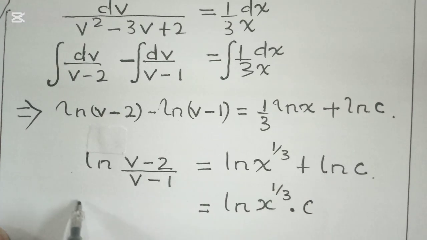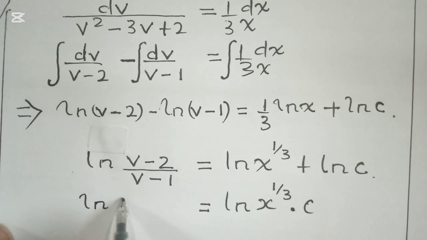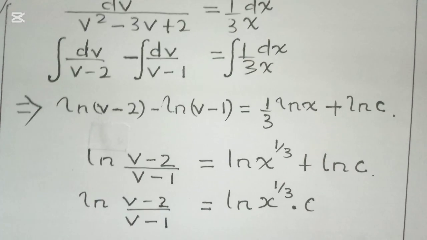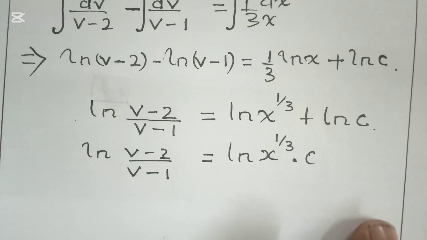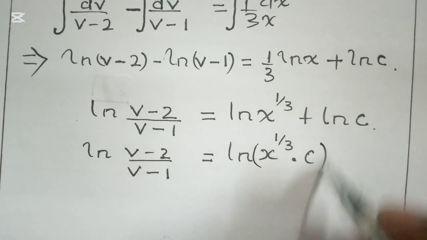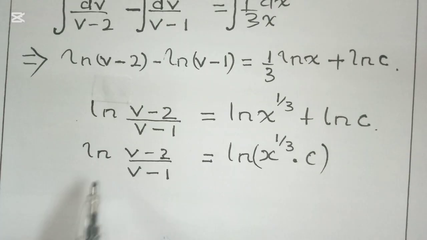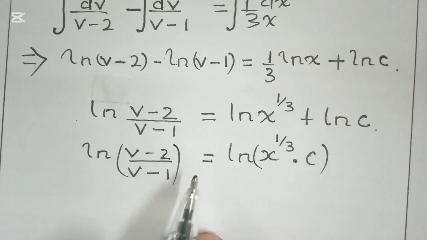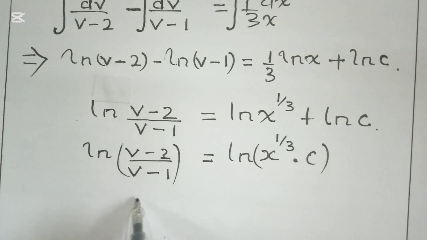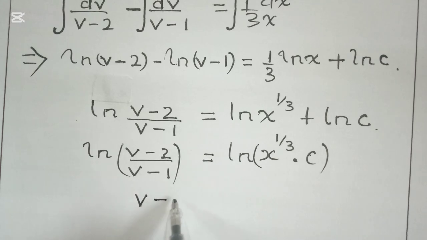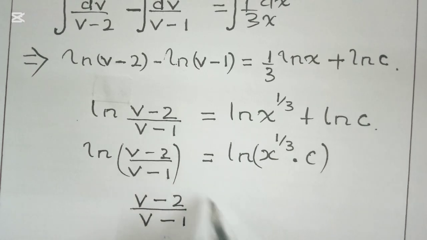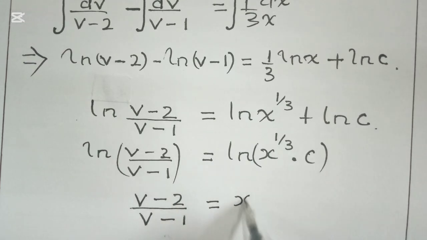Since all of this is under ln and this is under ln, we can remove the ln. So v minus 2 all over v minus 1 gives us x raised to a third multiplied by c.